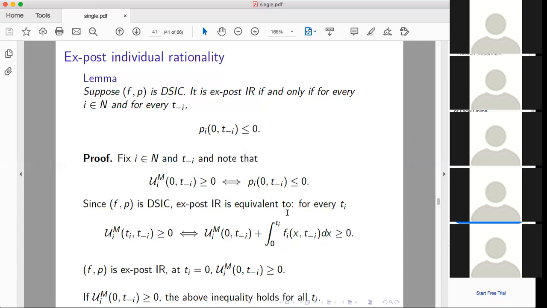But this term is always non-negative, so the entire thing is non-negative. So pi_i(0, t_-i) less than or equal to 0 also implies u_i(t_i, t_-i) greater than or equal to 0 for every t_i. So this condition is both necessary and sufficient. This is the simple proof of this. Any confusions?